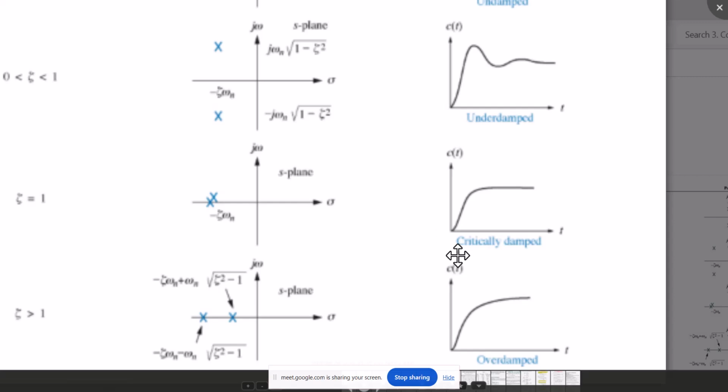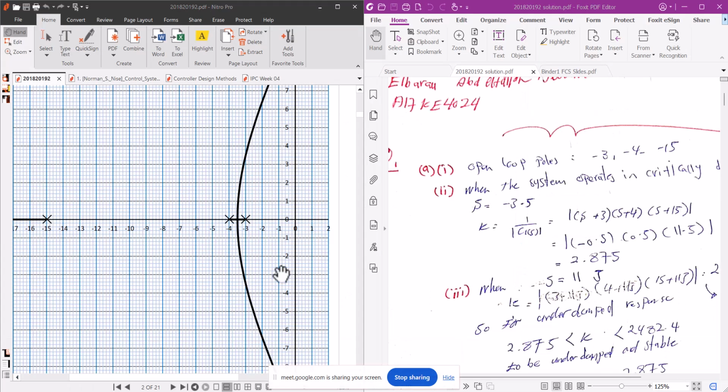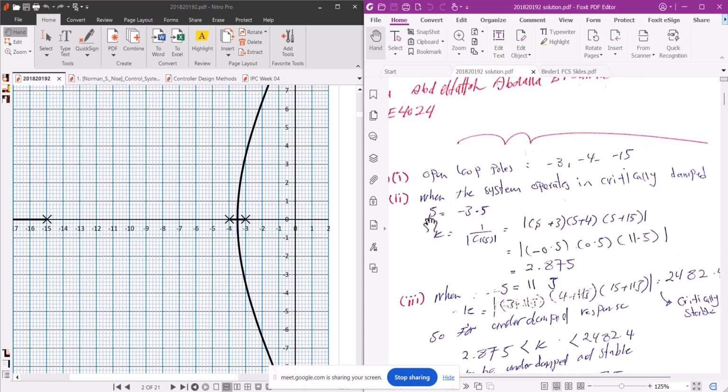It becomes possible when you have both poles at the same location. So for the critically damped, you need your poles to lie here in between minus 3 and minus 4. So this will be minus 3.5. So when the system operates in the critically damped condition, s is equal to minus 3.5.